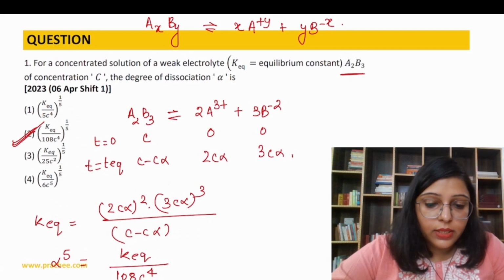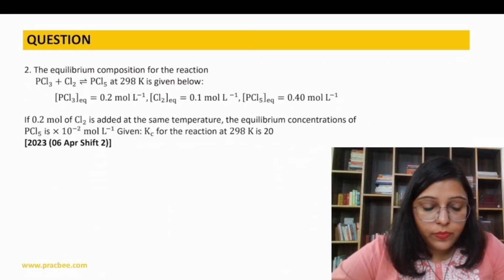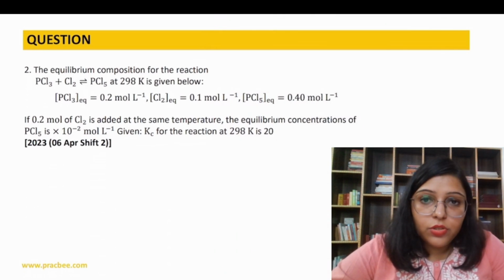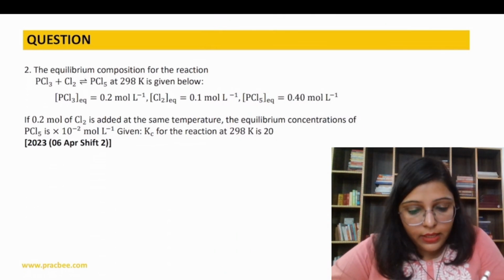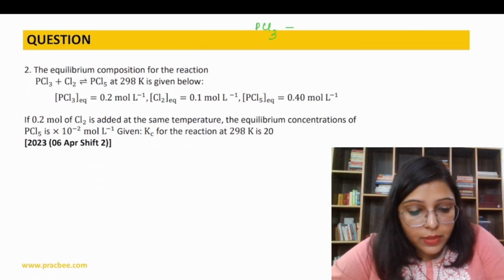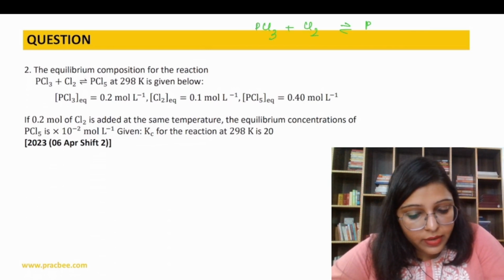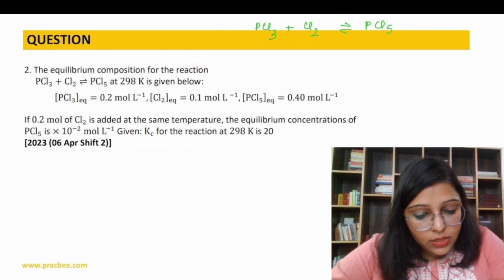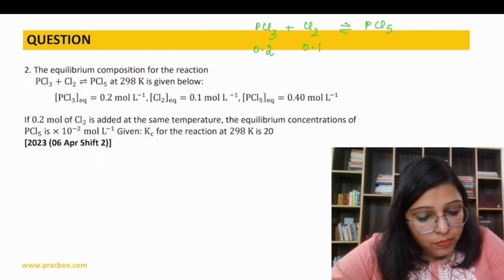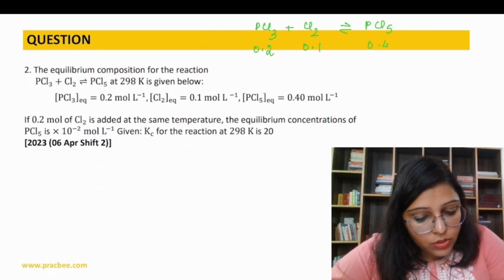Okay, now let's discuss the next question. The question says the equilibrium composition for the reaction PCl3 plus Cl2 gives PCl5. At equilibrium, PCl3 is 0.2 mole, Cl2 is 0.1 mole, and PCl5 is 0.40 mole.